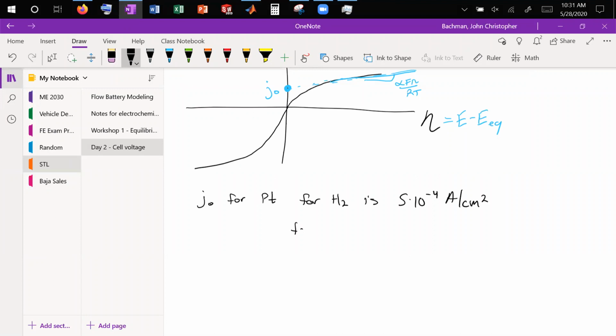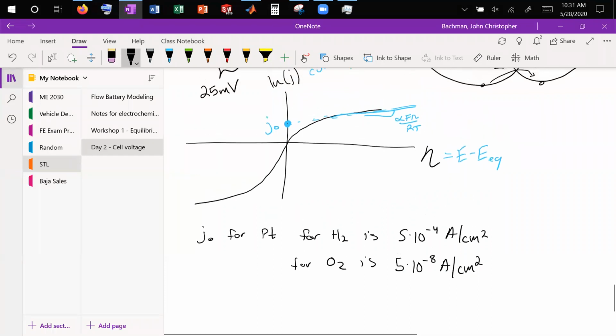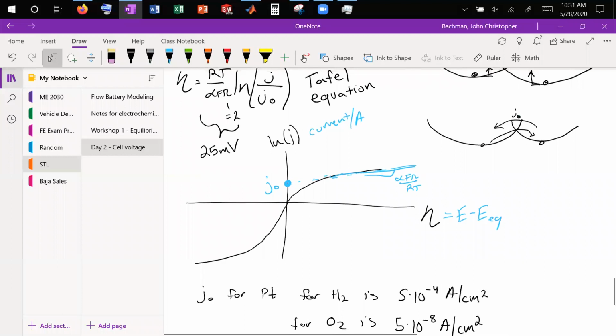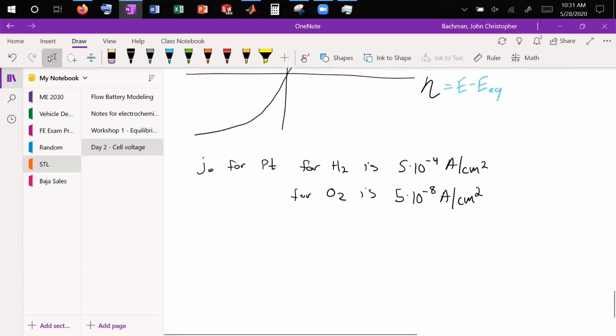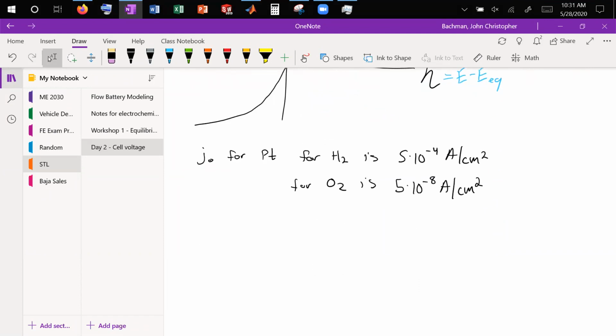And for O2, it's like 5 times 10 to the negative 8 amps per centimeter squared. Right, and so the exchange current density is much lower for the oxygen side, which means it's a much harder reaction to get going.